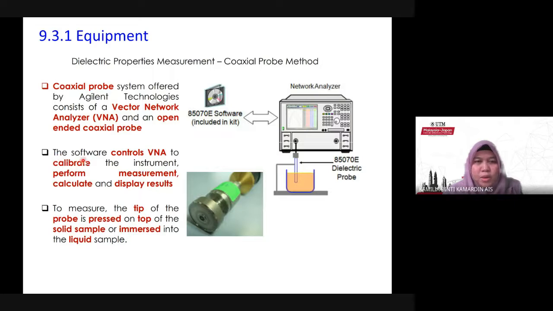So the software controls the VNA to calibrate the instrument and then to perform the measurement, calculate and display the results. So to measure, we will put the tip of the probe and press it on top of the solid sample or immerse it into a liquid sample. So this technique can be used for solid as well as liquid.